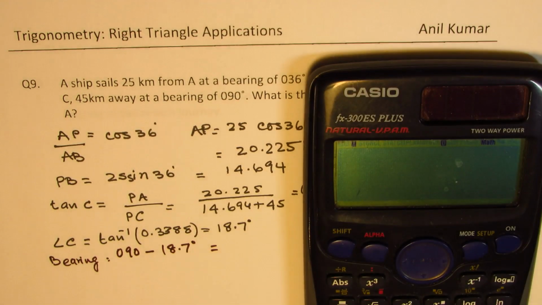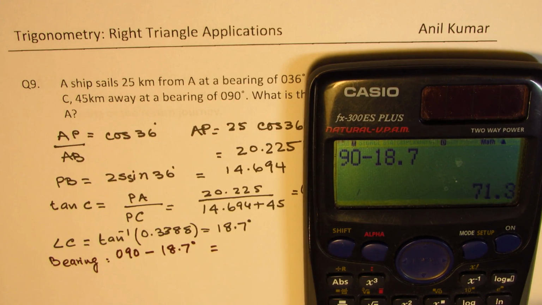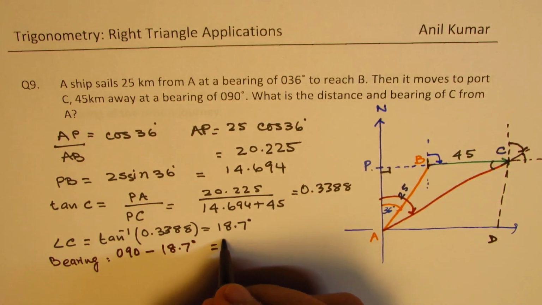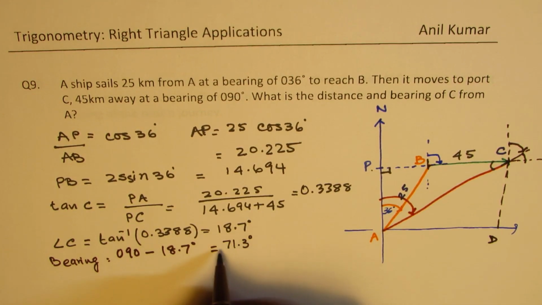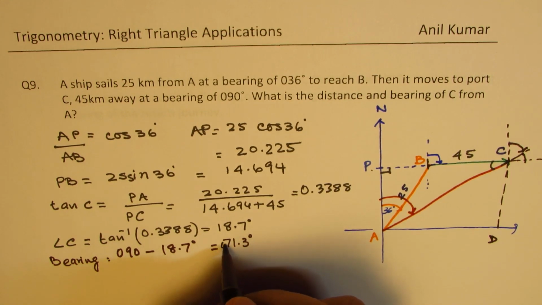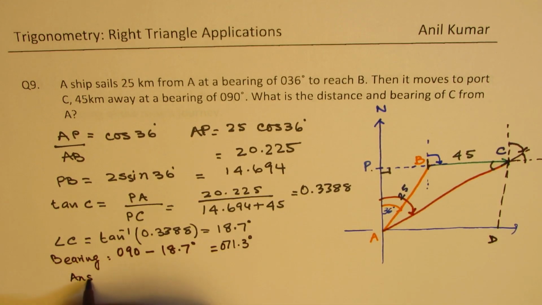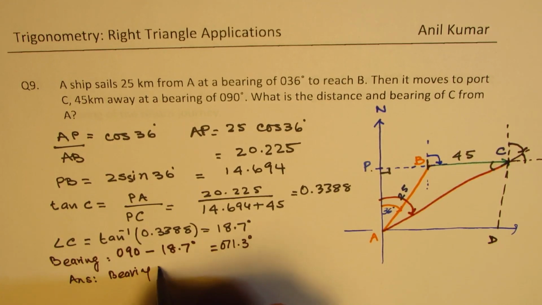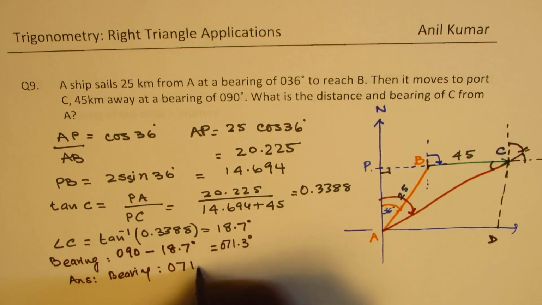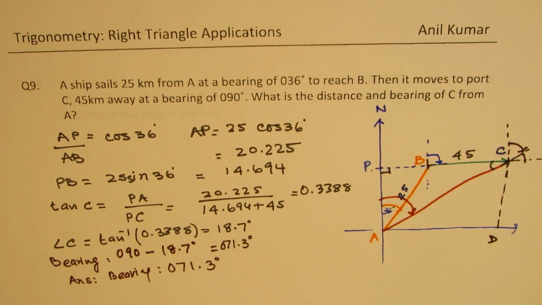So we have 90 minus 18.7, and that gives us, in decimals, 71.3. So when we are writing bearing angle, we have to write with 3 digits, right? So the bearing angle is 071.3 degrees. Correct. Now we need to also find the distance A to C. So let's figure this out. Distance A to C.